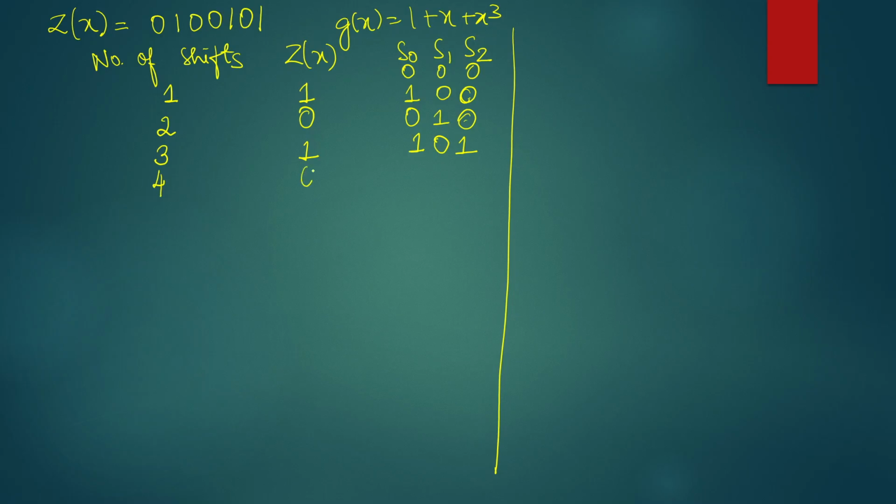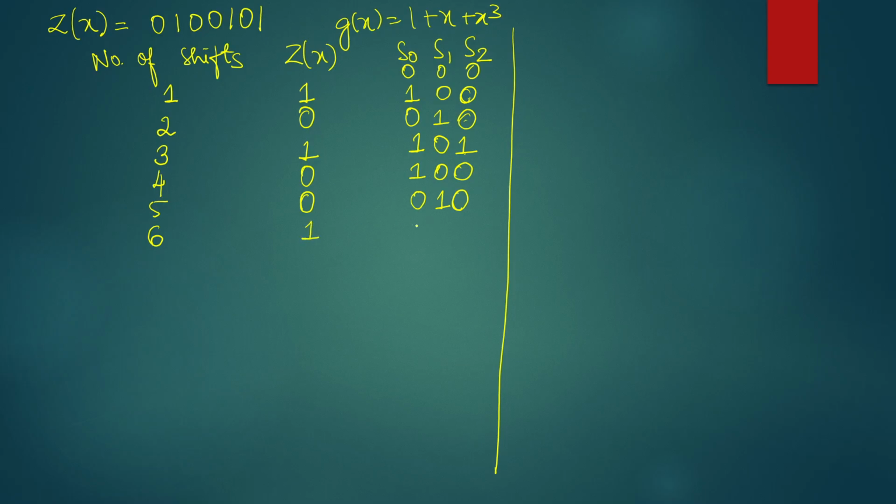Fourth one, so bit 0 appears. So now 0 plus 1 is 1. 1 plus 1 is 0. 0 gets shifted to the right, so it is 1, 0, 0. Fifth one, again a 0. 0 plus 0 is 0. 1 plus 0 is 1. 0 gets shifted to the right, so this is 0. Sixth bit is again 1.